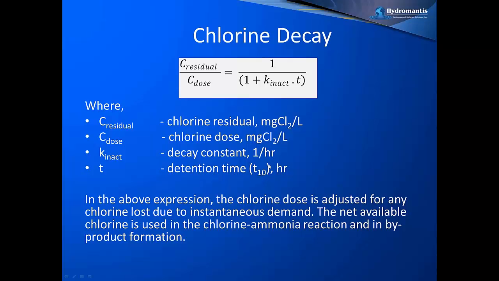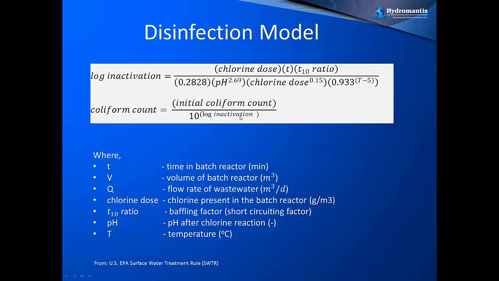For this particular model, we have used a first order relationship, and we are calculating the residual of chlorine based on the provided dose and a decay coefficient of the chlorine which is provided in the model.